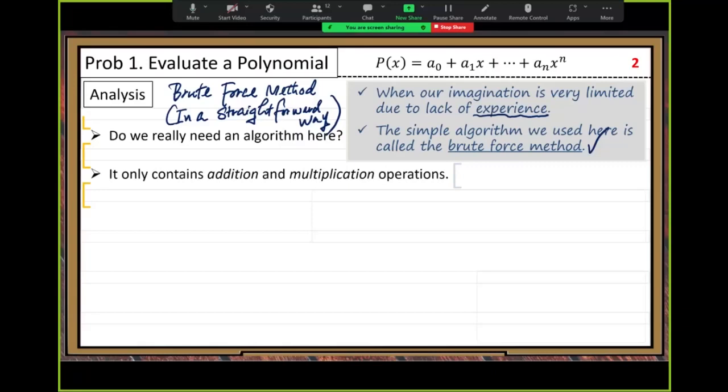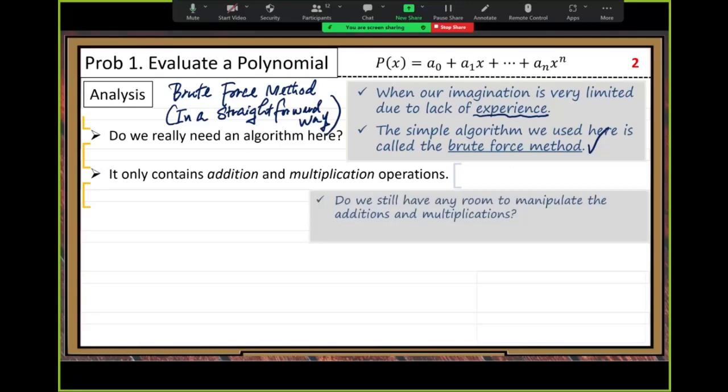Here, we know to solve this problem, we only need to do additions and multiplications. So when we want to improve our solution, basically we need to manipulate these additions and multiplications. We need to try various ways to do the manipulation. All right.